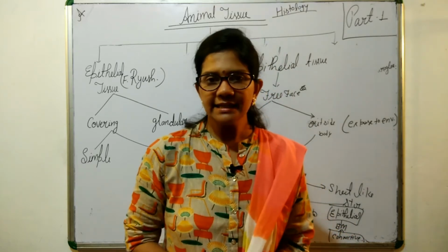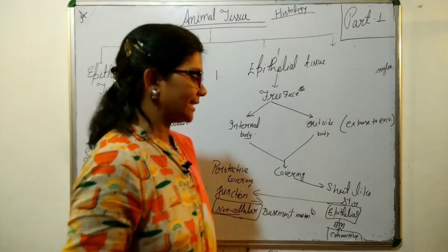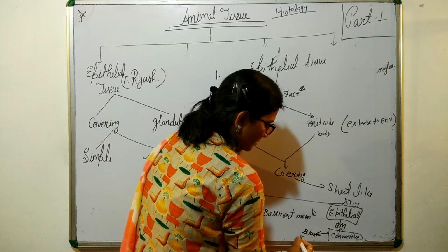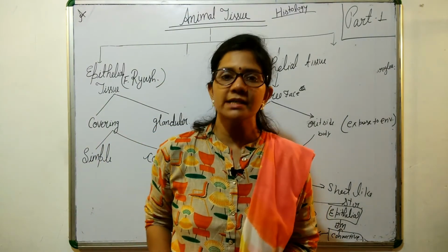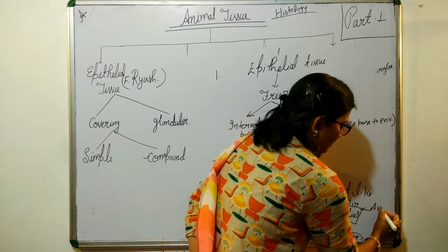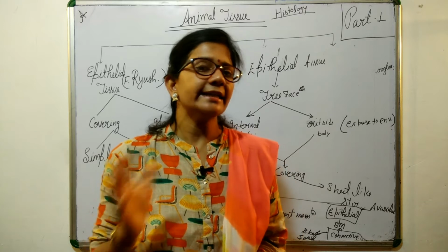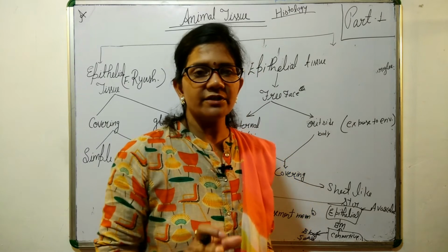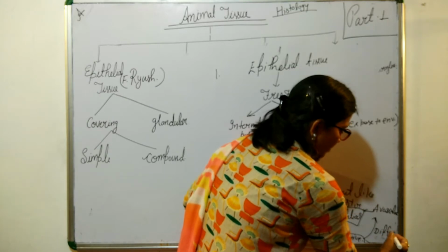Then the second thing: as the basement membrane is non-cellular, connective tissue is vascular, meaning it has blood supply, but the epithelial tissue does not have blood supply. Epithelials are avascular. So if they are avascular, how do they get nutrition? They get nutrition from the blood supply of the connective tissue through diffusion of nutrients.